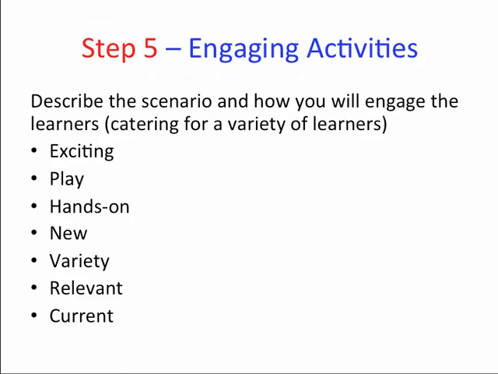In step 5, you really sit down and work out what's going to float the boats of every kid in your class. Make it exciting. Give them things to play with. Use their hands. Make it new, relevant of course, current if you can, and give them plenty of variety to cater for differences.